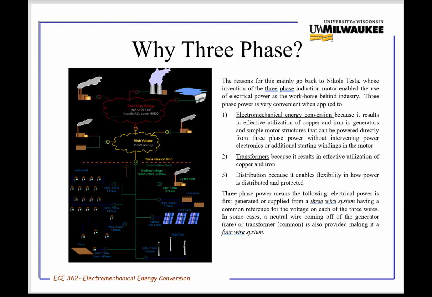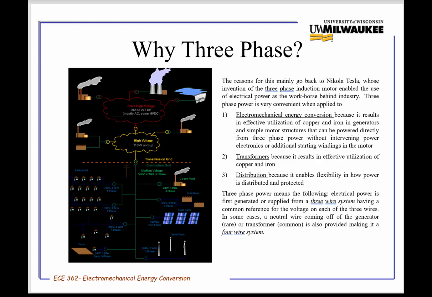Three-phase is the most effective way to implement the magnetic circuits that make this happen, because it results in the most effective utilization of the copper and iron. It results in the most simple motor structures, and as I said, structures that can be powered directly from the three-phase power without any intervening mechanisms whatsoever.